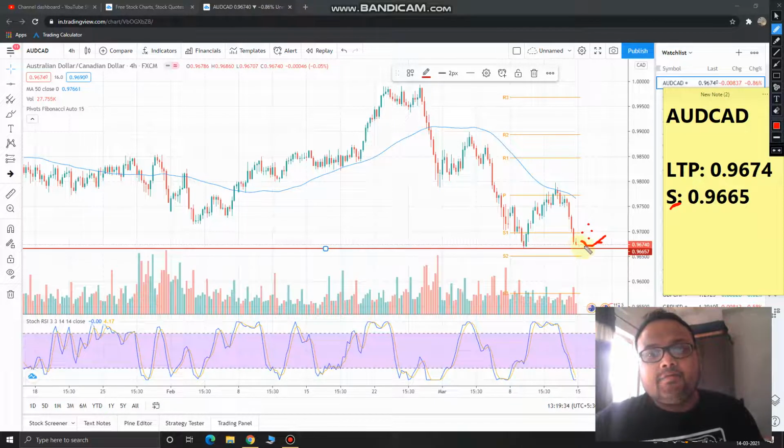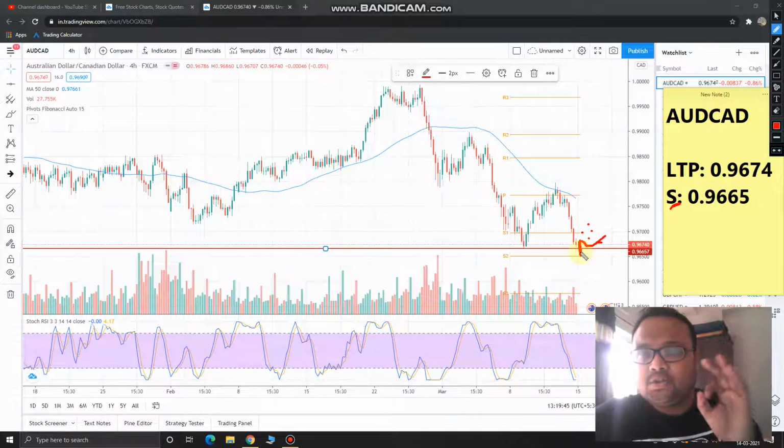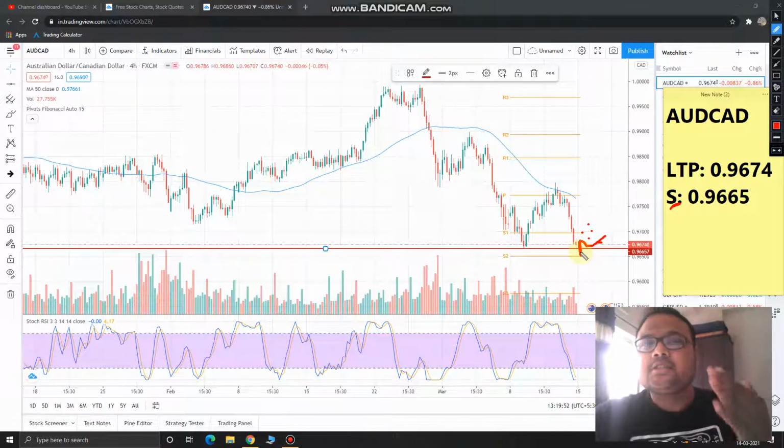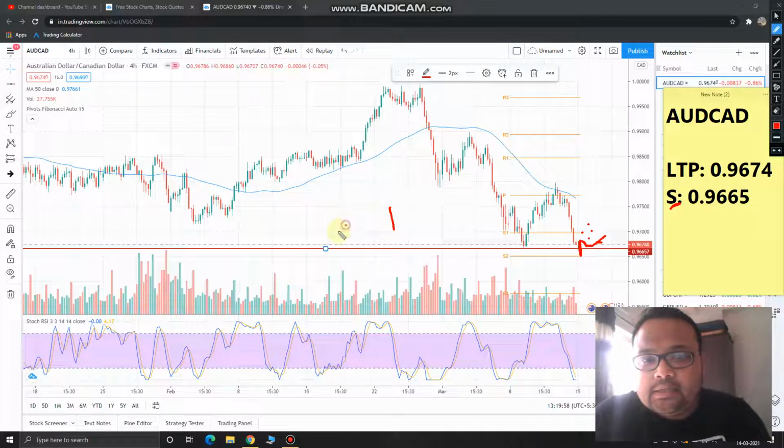In case market fails to hold this support and due to some heavy selling pressure, market crosses this level, then wait for some time, wait for 1 hour or at least 2 hours and just see how the market is doing. If you see that after 1 or 2 hours market is still trading below this level, that means that this support has become the resistance now.